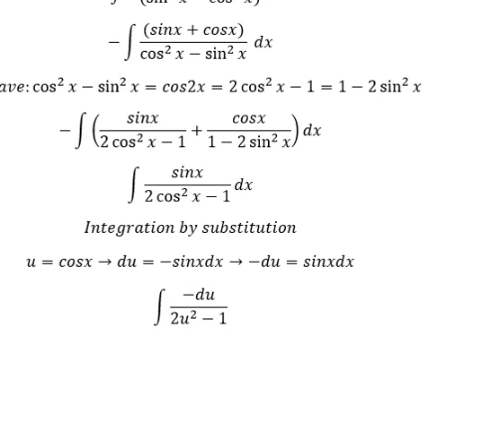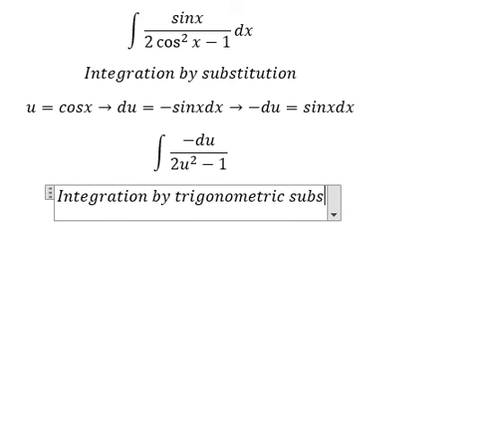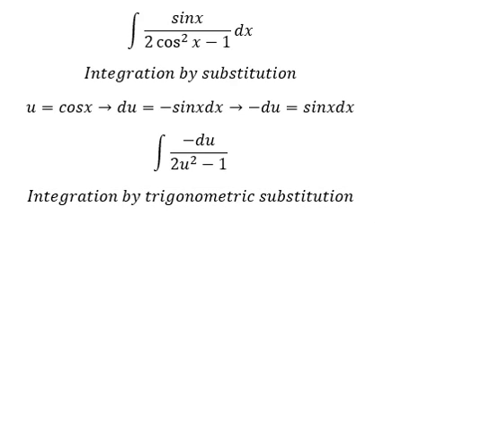And now we can use integration by trigonometric substitution. So I will put u equals to 1 over the square root of number 2 secant of t.